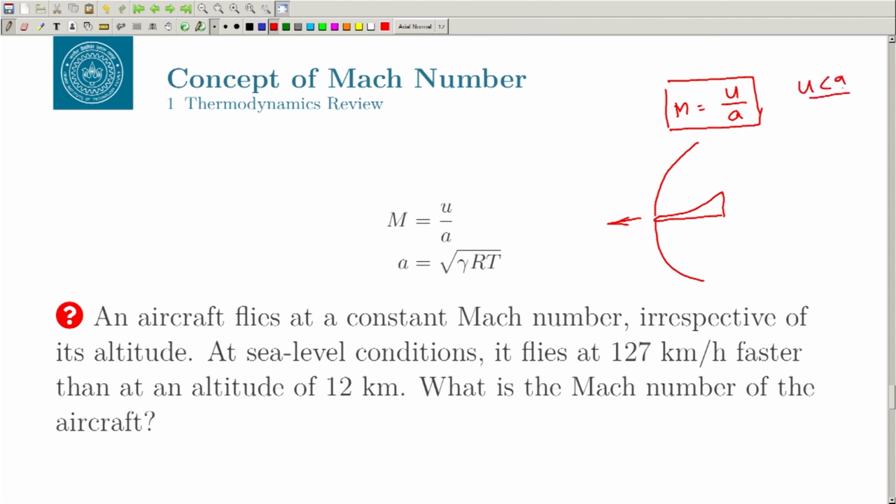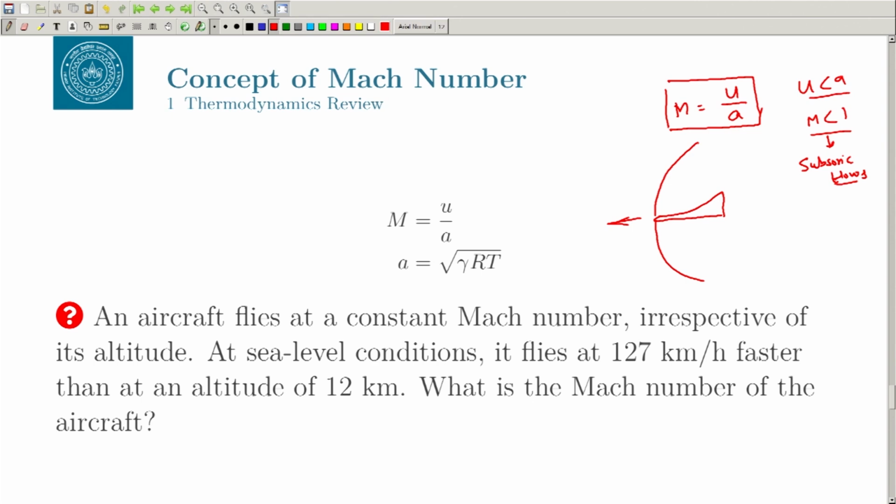Okay. So, the object is moving at a speed lower than the speed of sound, right. So, u is less than a. Then in that case Mach number is less than 1. Okay. So, this kind of flows are called the subsonic flows, where the object is moving at a speed lower than the speed of sound.